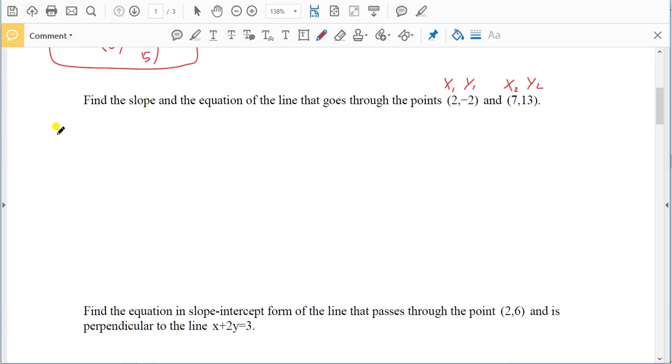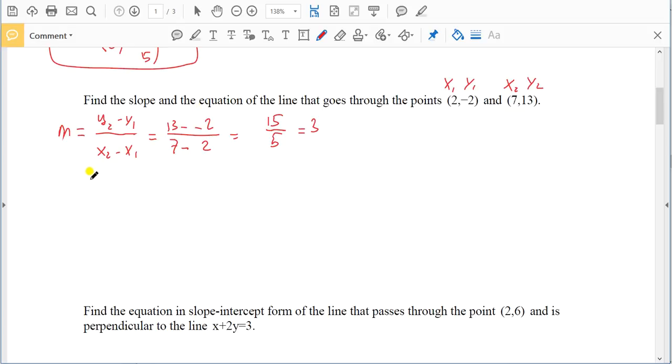Now to find the slope using the slope formula, given 2 points, it is y2 minus y1 over x2 minus x1. y2 is 13 minus y1, which is minus 2, over x2, which is 7, minus x1, that is 2. So minus minus becomes plus, so that is 15 over 5, which is 3.